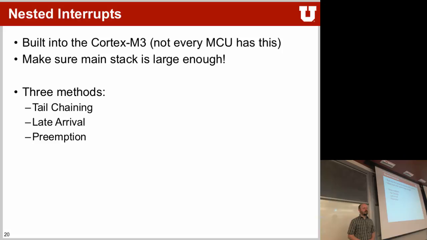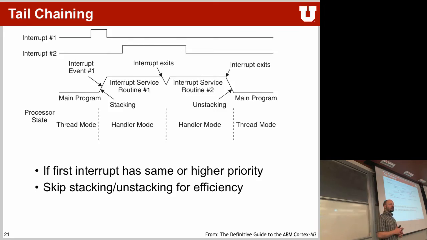Okay, nested interrupts. Now we're finally at the point where priorities really start to matter. There are 3 different methods that can happen. You can tail chain them, we can have late arrivals, or we can have preemption itself. Tail chaining is what happens when 2 interrupts happen that have the same priority.